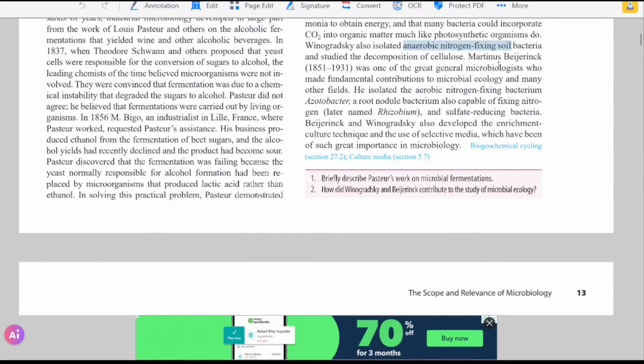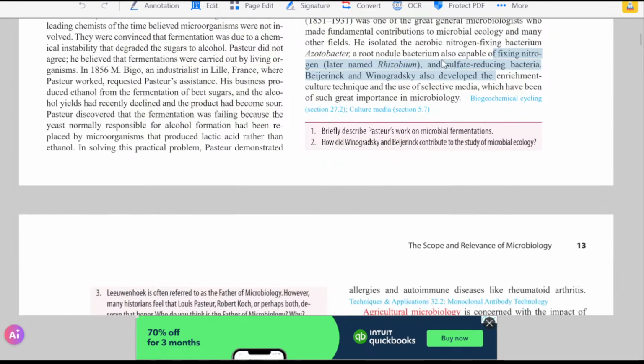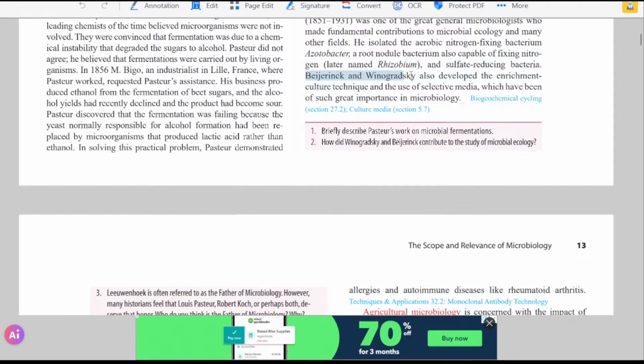Yeah, Beijerinck discovered the aerobic nitrogen fixing bacteria, and he also found Azotobacter, and the bacteria that live in the root nodules of plants, later named Rhizobium, which is also responsible for fixing nitrogen. He also discovered sulfate reducing bacteria. And the biggest thing which these two did was the development of enrichment culture.